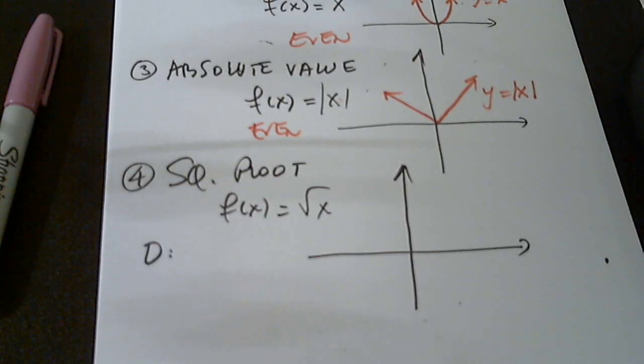What is the condition for the square root to exist? Please. The square root exists only... What can we take the square root from?